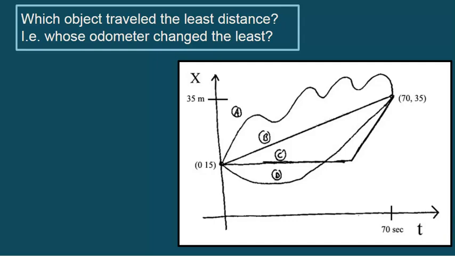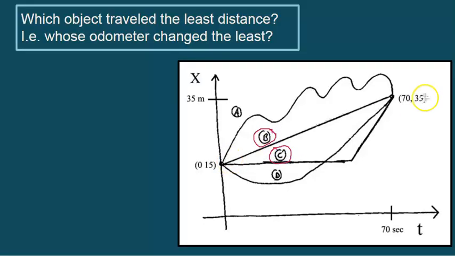Okay, almost done. Which object traveled the least distance? So if you had an odometer, which one would have racked up the least amount on the odometer? It is a tie, because B and C did not backtrack.